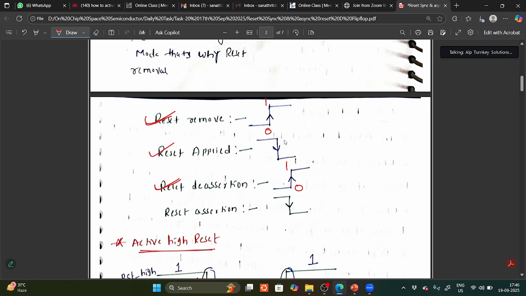Reset applied means it should come from 1 to 0. That is reset asserted.